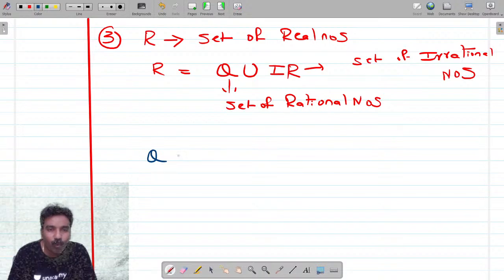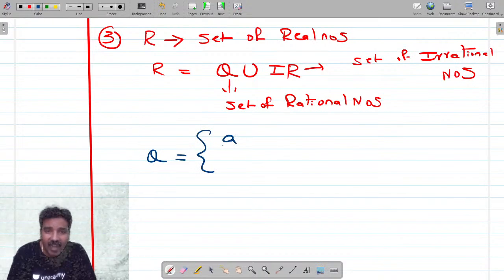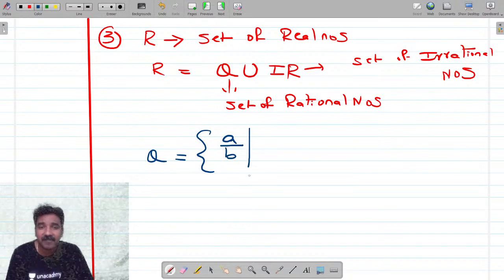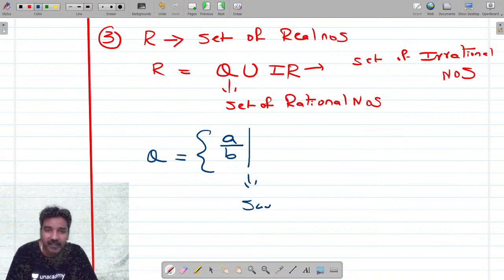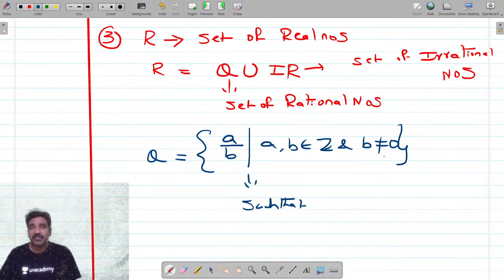Sir, how to define rational numbers? Rational numbers will always be in the form integer divided by integer. So Q equals, I am writing, the set of a by b. This vertical slash represents such that. Here a, b belong to Z and b not equal to 0, because something by 0 is an undefined expression.